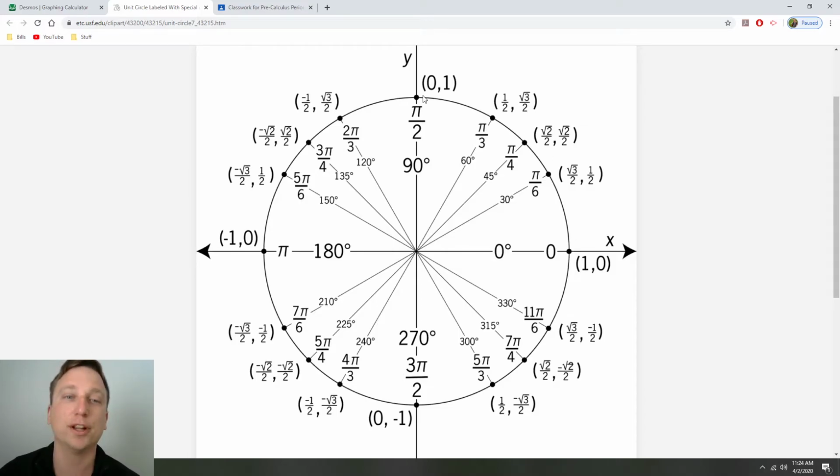As we're a quarter of the way through a period, it hits a maximum. Then when we're halfway through the period, it's back on the principal axis. When we're 3/4 of the way through, I've gone 3/4 of the way around the circle, all I have left is a fourth, it's actually always going to be at a minimum. Then as I go one full period, or one full rotation or revolution around the unit circle, it's back at the principal axis and its starting value. And then it just repeats that process over and over and over as it oscillates, we say.